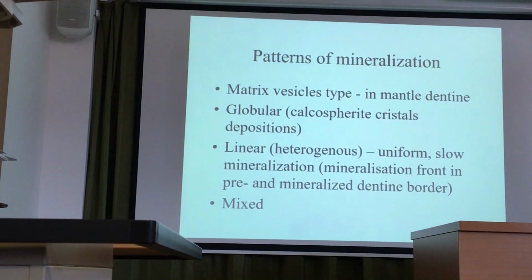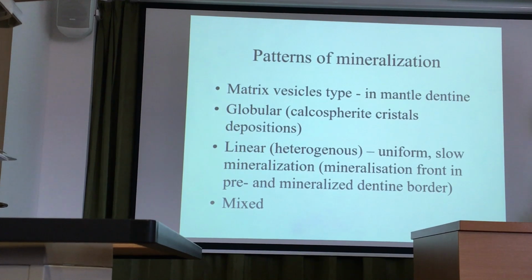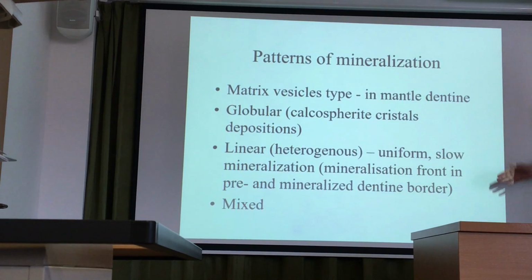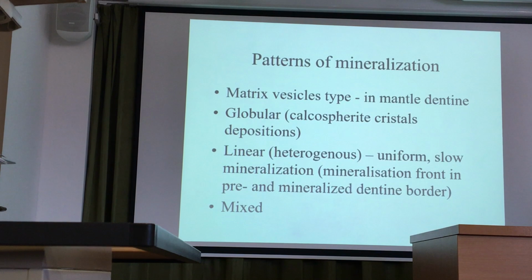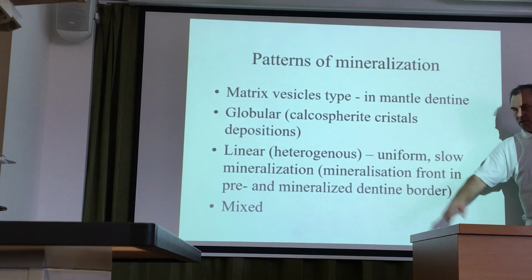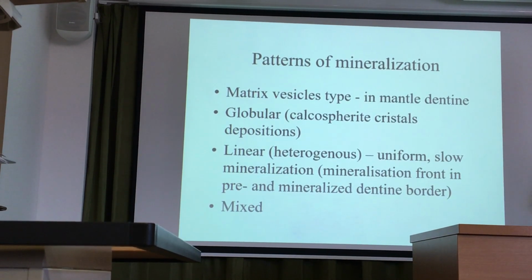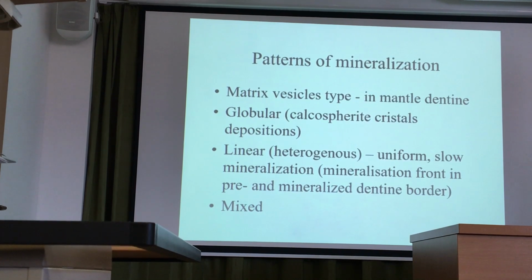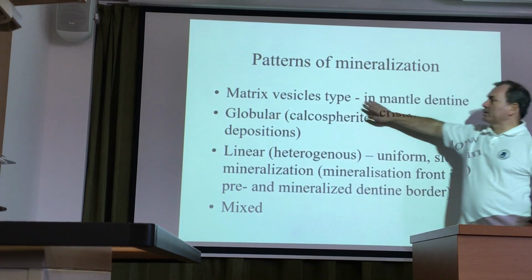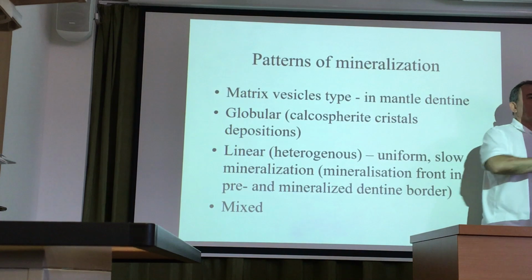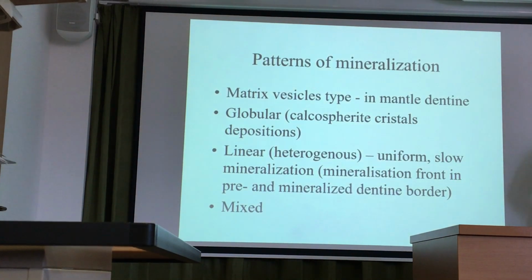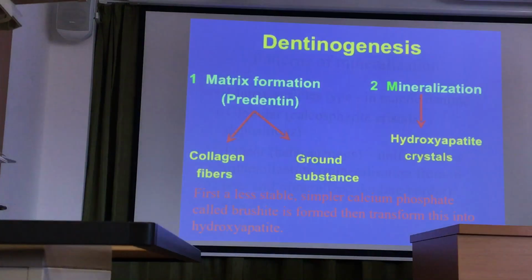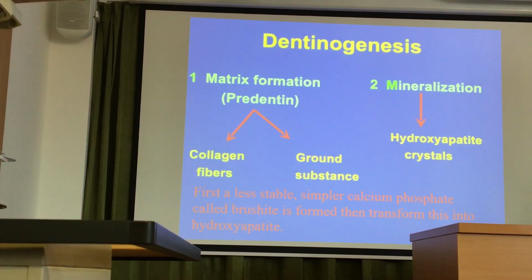We need a mineralization front here, a bordered mineralization, predentin and mineralized dentin. And of course, sometimes we have mixed mineralization, globular and linear, but this matrix vesicle mineralization is very unique, just in the mantle dentin.